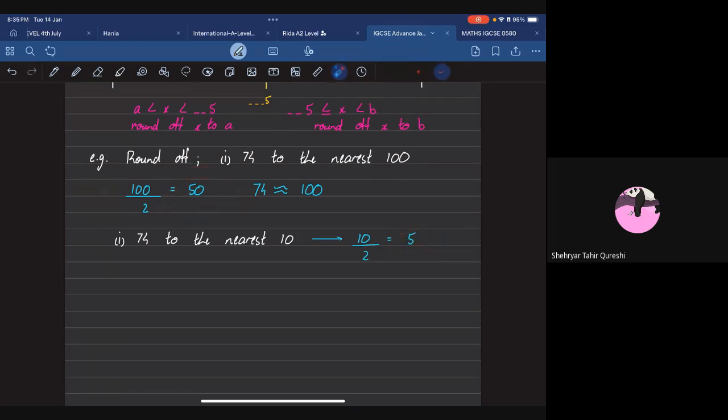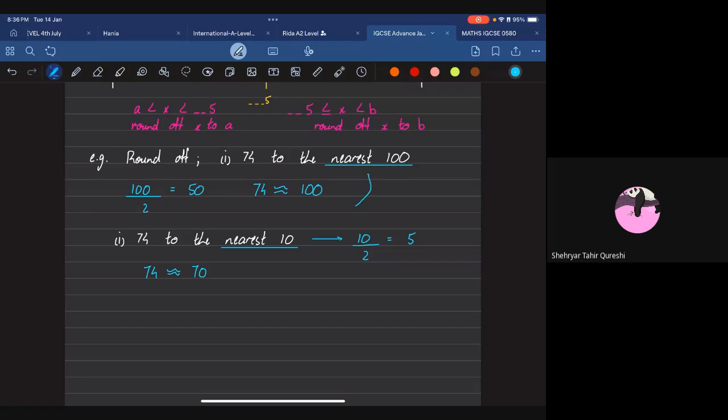Before it was 50. 5 of what? 5 in between 70 and 80, because these are the nearest tens, the numbers divisible by 10 around 74. And in between that is 5. So if your number is less than 75, it's going to revert back. So the same number is now rounded off differently, just because your limit of accuracy was different. Is this clear, guys?